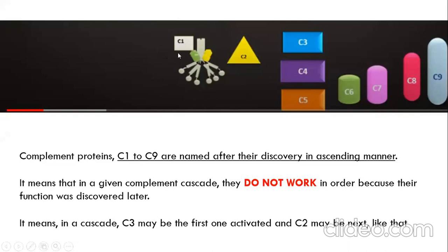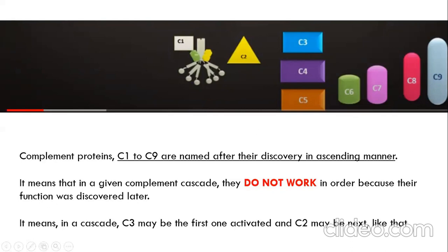They don't know how the system works. They know that something happens with the complement system, pathogens are dying, but they don't know about the proteins involved. They started working slowly, identifying one protein at a time. Based on the discovery, this was the first protein discovered, its function was looked upon, then C5 at a certain time, then C9 in the last.